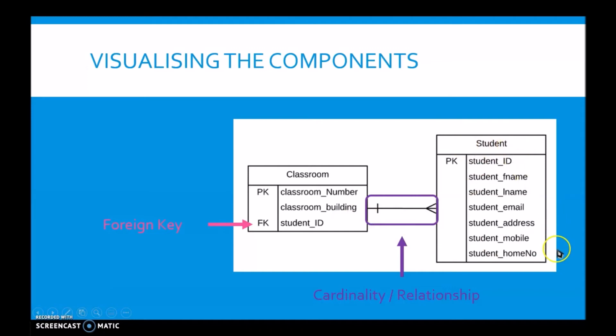So student ID is a foreign key in the classroom table. When it's registered, the student ID would be an attribute inside the classroom and would be a data set. So all the student IDs that tap in, because one classroom can have many students, and that's the relationship. So one classroom has many students.